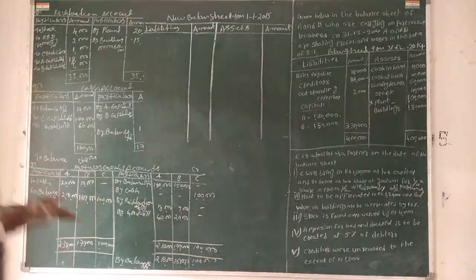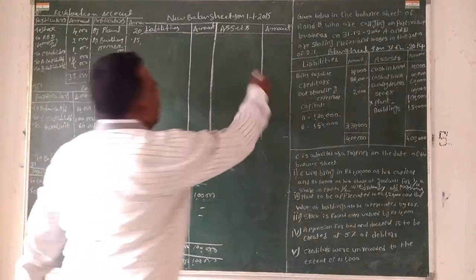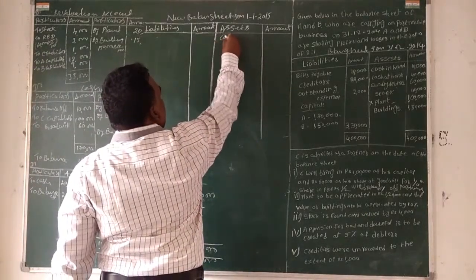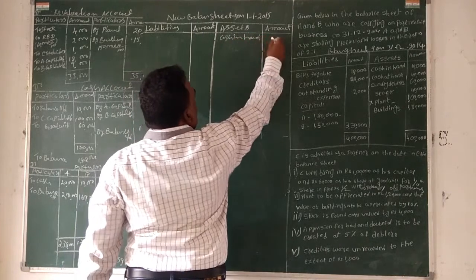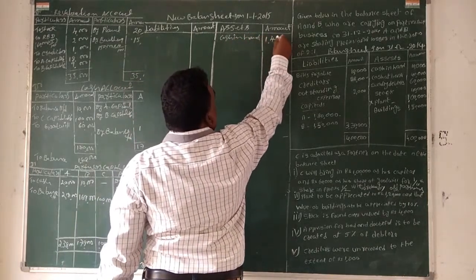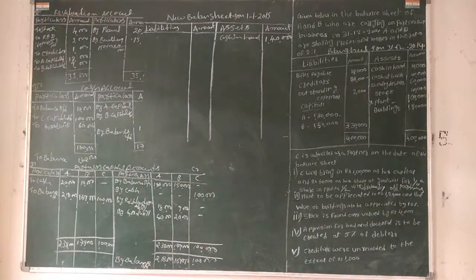Next, cash at bank, no changes also: cash at bank 40,000.